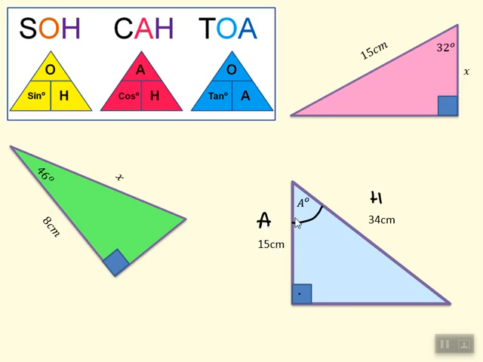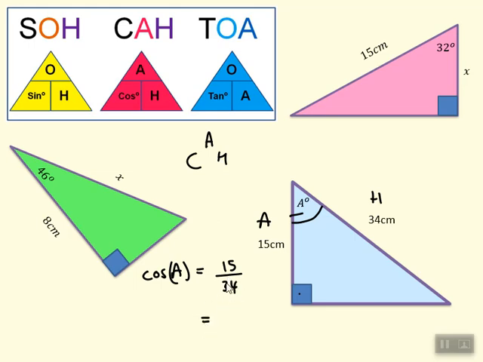Right, so we're asked to work out the angle. So CAH. Remember, it's cos of the angle, whether you know it or not. We don't know it in this case. So cos of the angle equals the adjacent side, which is 15, divided by the hypotenuse, which is 34.